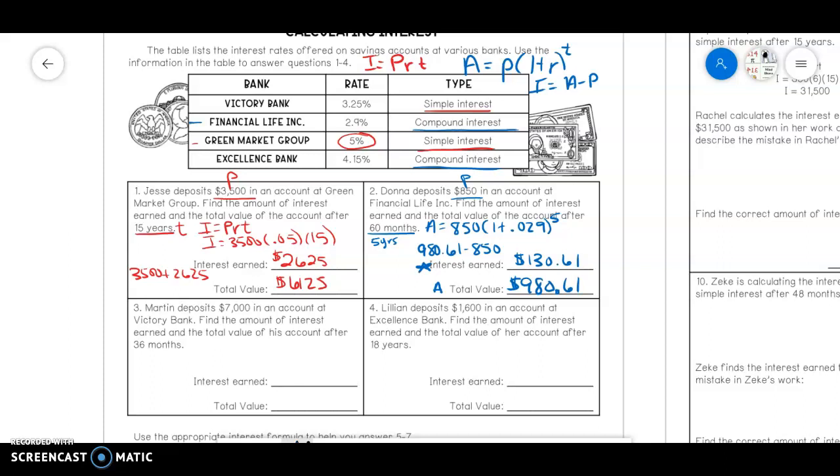On number 3, Martin deposits $7,000 in an account at Victory Bank. Well, Victory Bank is in fact a simple interest. Find the amount of interest earned. Again, they're giving us months, so we need to change this to 3 years. So I equals P, 7,000, our rate as a decimal, 0.0325 times 3.